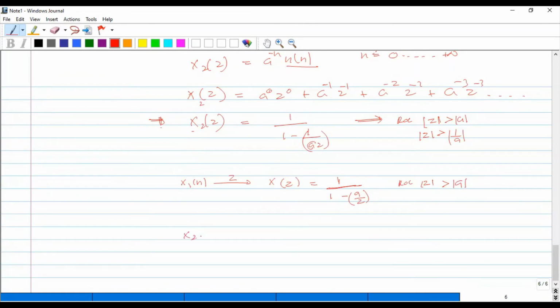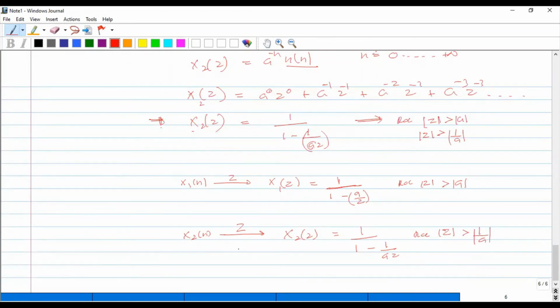And we have another signal x2[n], and if we get the z transform, it will be X2(z), and it is equal to 1 divided by 1 minus 1 by az. So this is the second signal, and the ROC is magnitude of z greater than 1 by a.